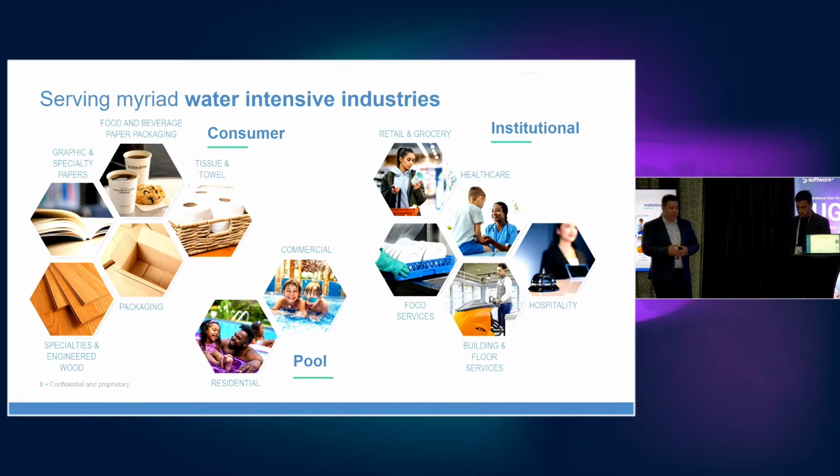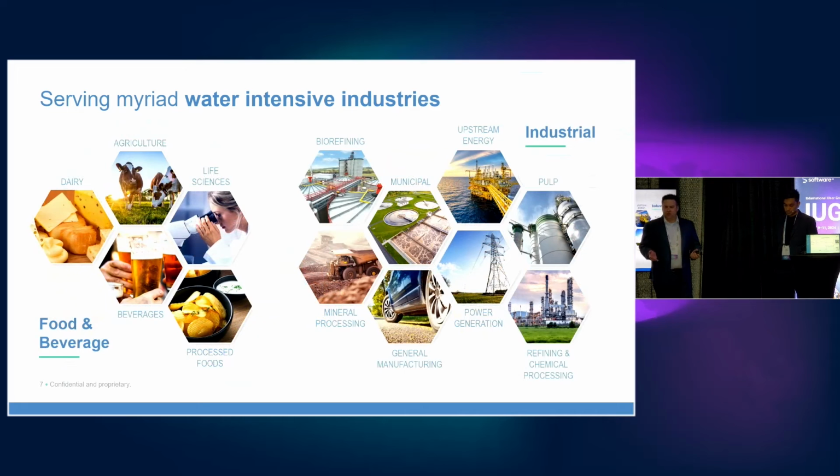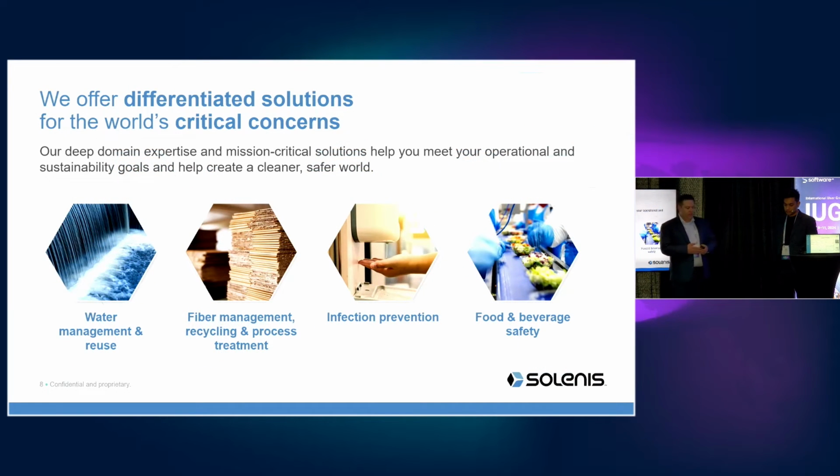We've got our pool solutions team as well. So a number of different end markets, but certainly key here is all the same: water treatment, making sure that we are helping our customers achieve their goals through the proper application of our chemistries.